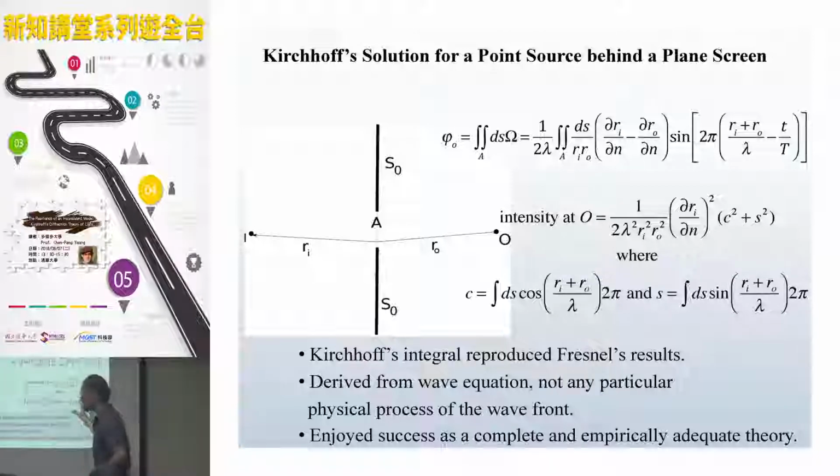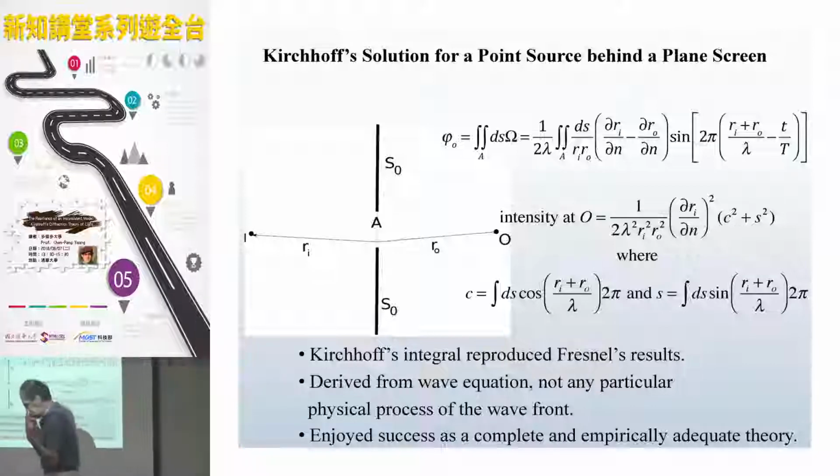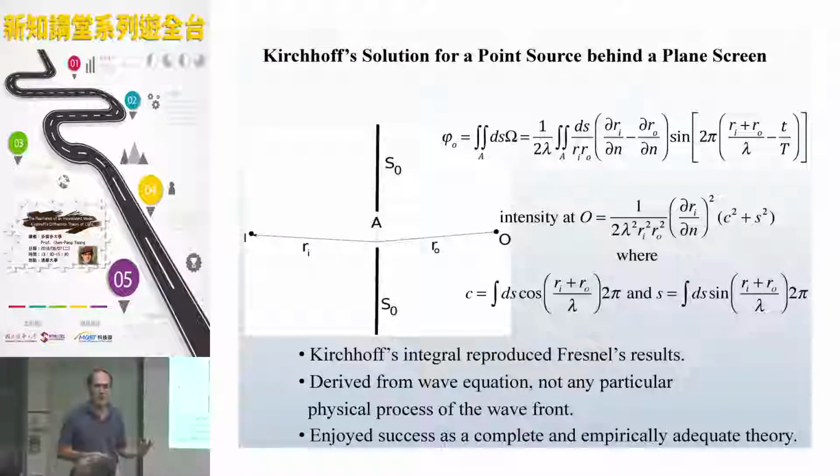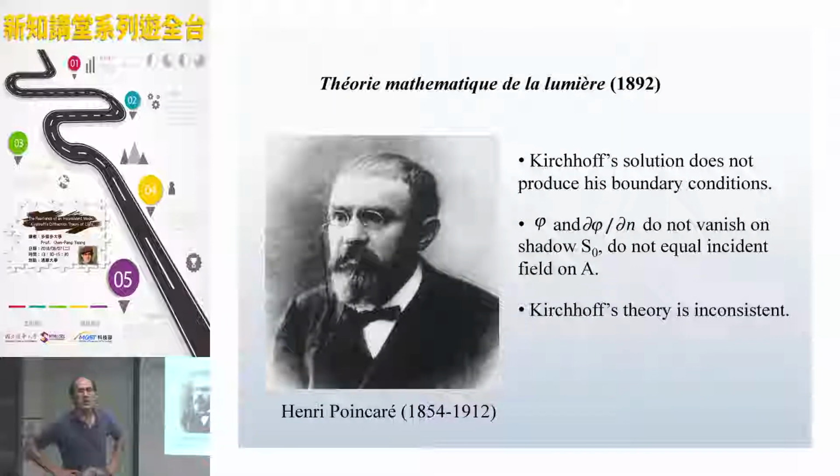Instead, it came exactly from the wave equation that Kirchhoff derived using Green's theorem. So it did not rely on any particular physical assumption, right? So in other words, this enjoyed complete success as a complete and empirically adequate theory. So this is very good.